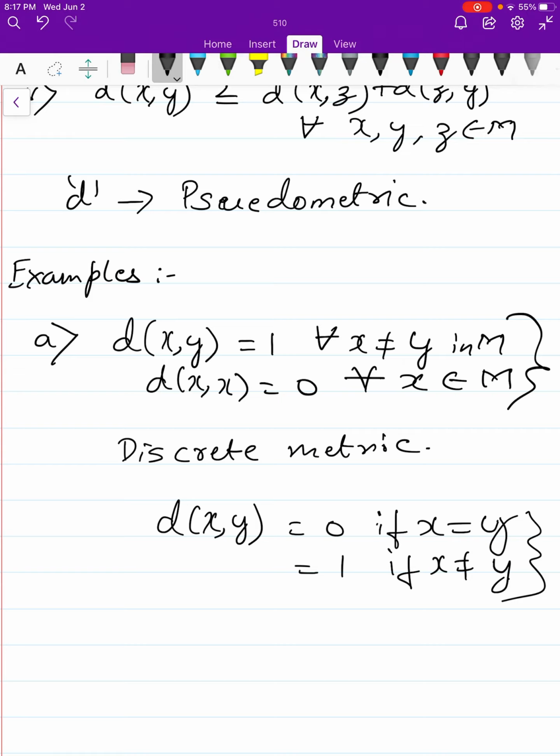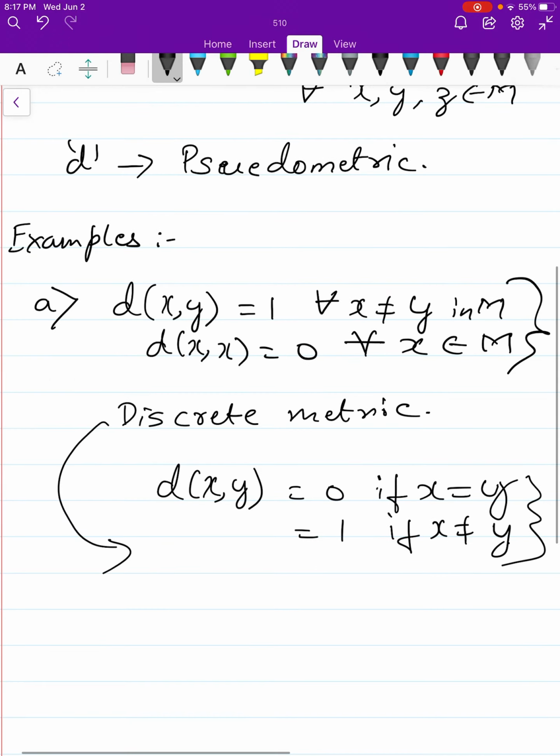A set applied with this metric, the discrete metric, is called a discrete space.